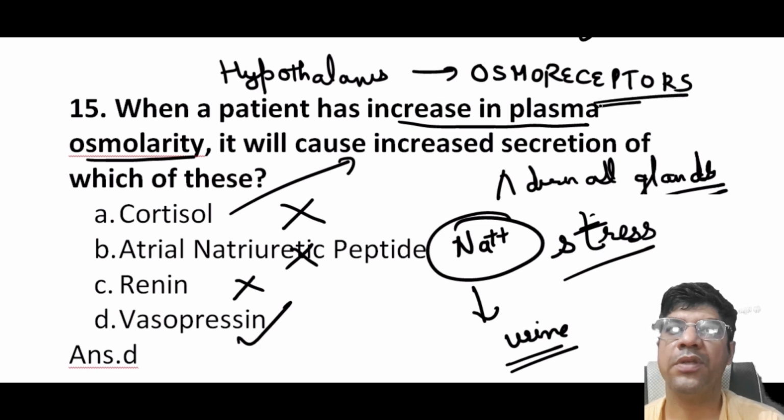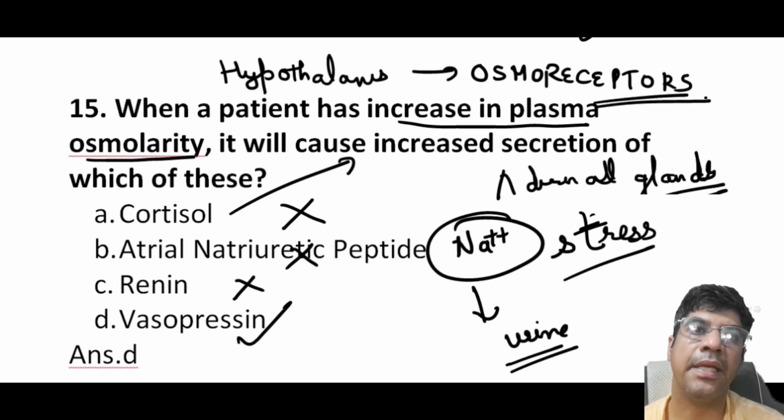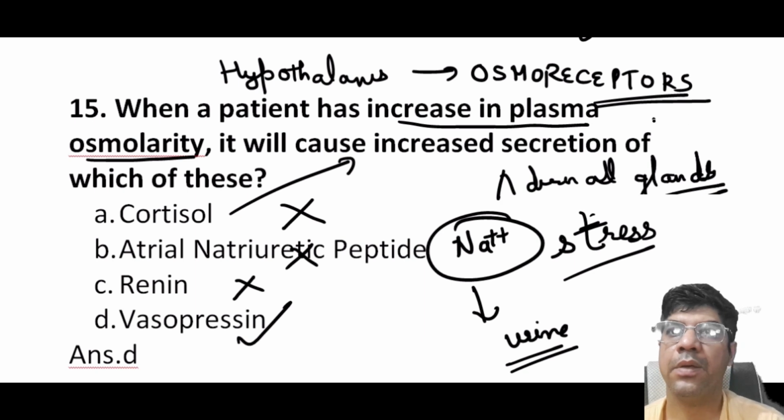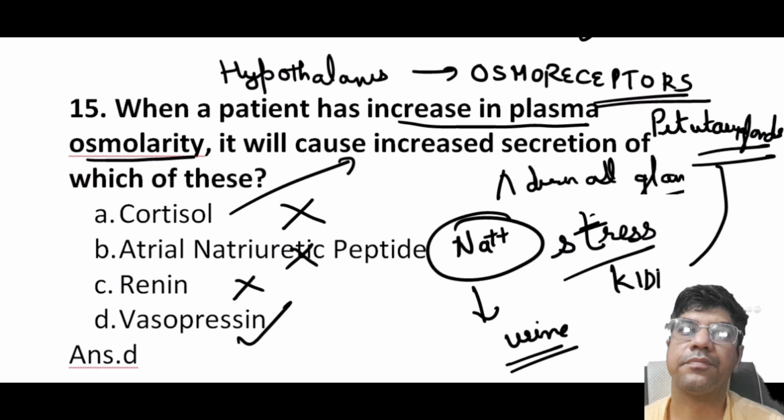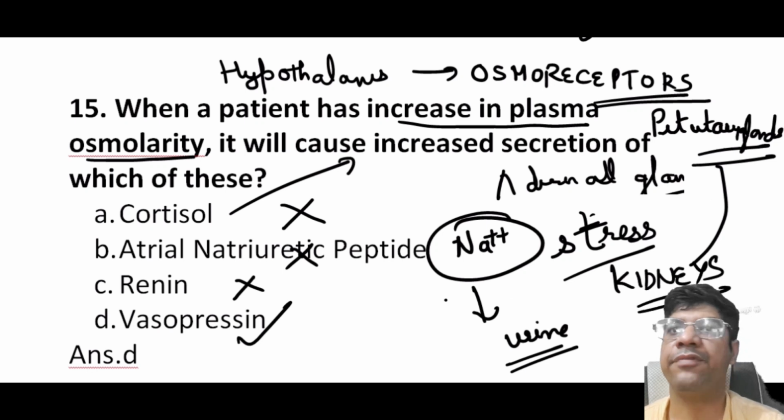When these osmoreceptors sense an increase in the plasma osmolarity, they stimulate the release of vasopressin from the posterior pituitary gland. Now vasopressin will act on the kidneys and cause increased water resorption.